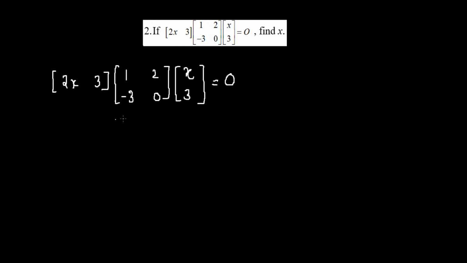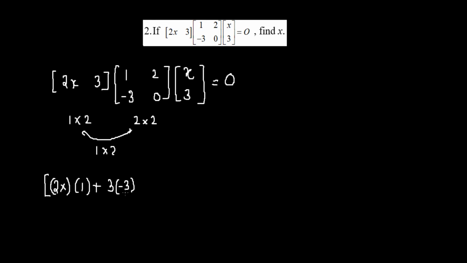Now when we multiply the first two, the first matrix is of order 1 cross 2 and the second matrix is of order 2 cross 2. So when we multiply them together, we should get a matrix of the order 1 cross 2. That means we'll have only one row with two columns. So let's get to it. We'll multiply 2x by 1 and add it to 3 times -3.